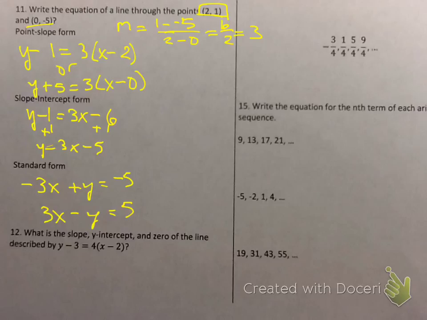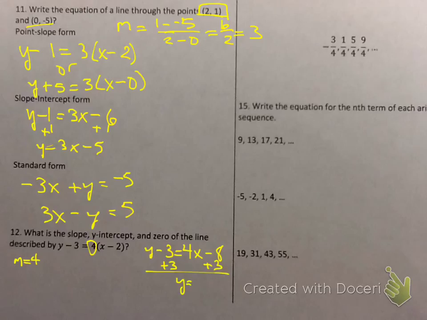The more I look at this problem, the more I'll probably do something simple. The slope obviously is the 4. It's the number in front of the x, or in front of the parentheses. The y-intercept, if you start solving this, y minus 3 is equal to 4x minus 8. Add 3 to both sides.